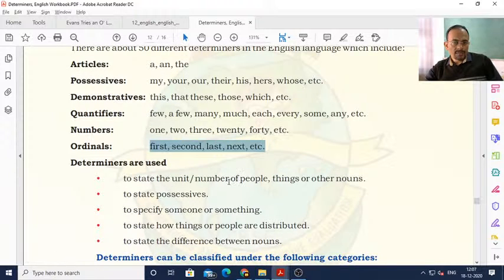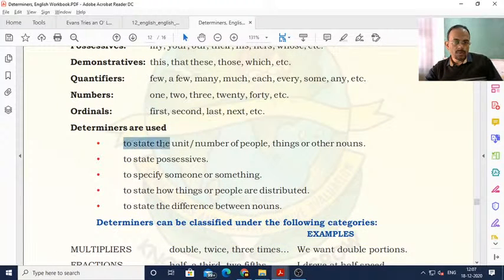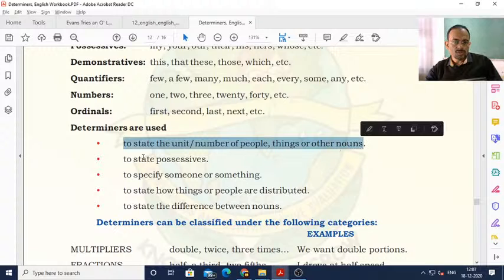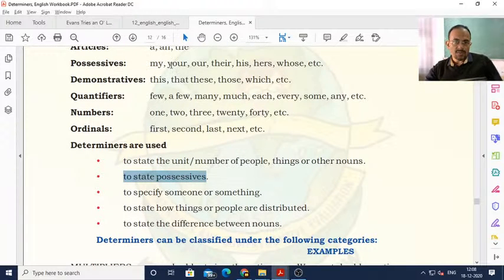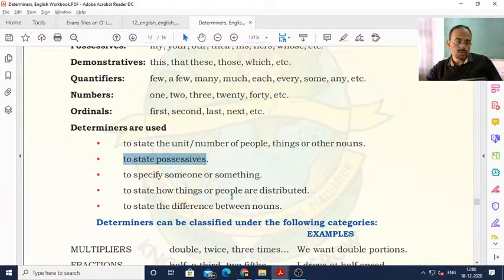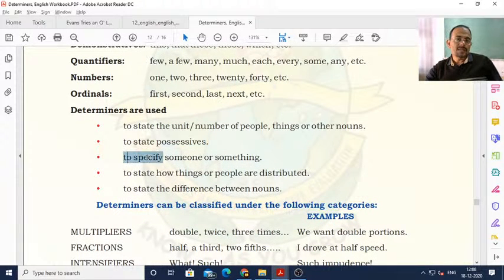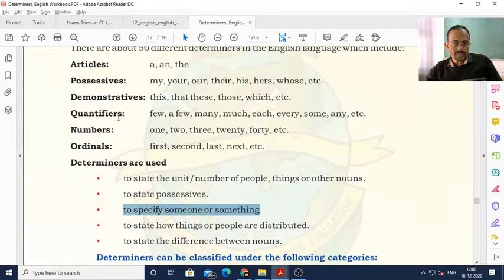Then determiners are used to state the unit number of people, things or other nouns, to state possessiveness, like it shows possession, like ownership. For example, you can see here possessives my, your, our, their, his, hers, whose. So determiners are also used to show possession, to specify someone or something. This, that. Suppose this boy, that boy. So determiners are also used to specify, especially the demonstratives, like here you can see this, that, these, those, which.